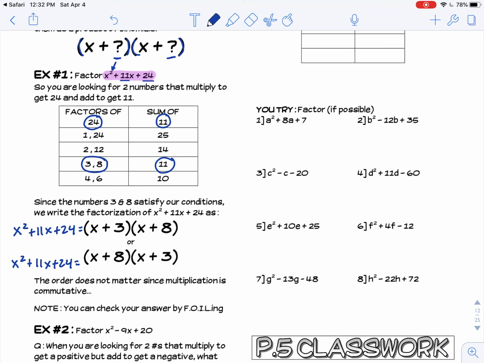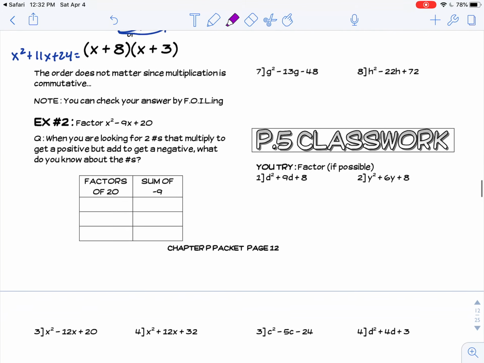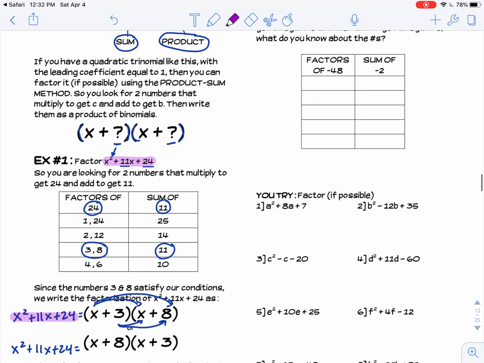I could do x plus 3 times x plus 8, or I could do x plus 8 times x plus 3. Now, how do you check if this works? Redistribute. Multiply. And this whole thing should equal this.